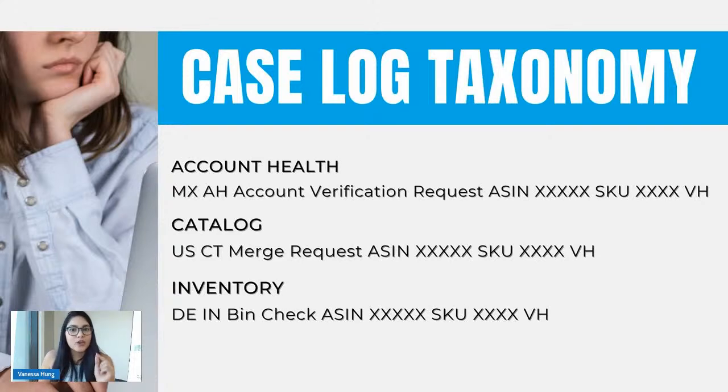But when you use a different name for the case, the short description of the subject of the case, once you customize that subject, the system will automatically send that to a real person. So you cut that software. The software will never reply automatically to you once you have the case log taxonomy there.